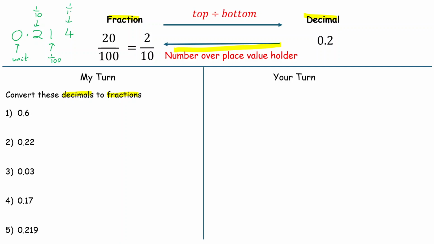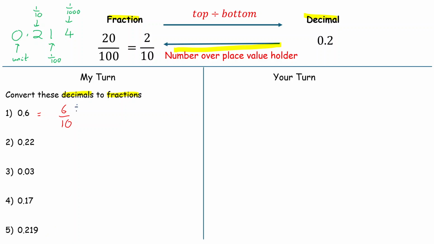So 1 over 1000. So all I mean here is, for the first one, we've got 0.6. Well, my number here is that 6. So it's going to be, let's do it in red, equal to 6 over, and because the 6 is in the tenths column, it's going to be out of 10. So 0.6 is equal to 6 over 10, which is correct as a fraction, but we can make it simpler because 6 and 10 have a common factor of 2 because they're both even.